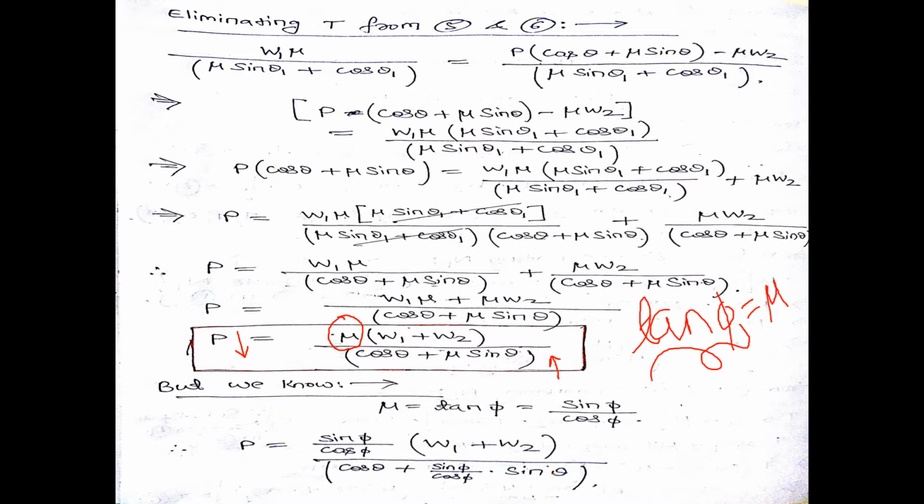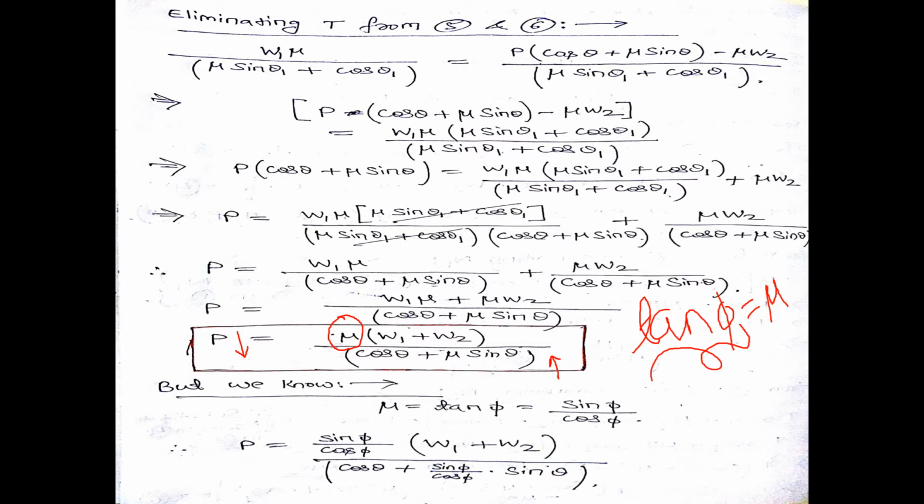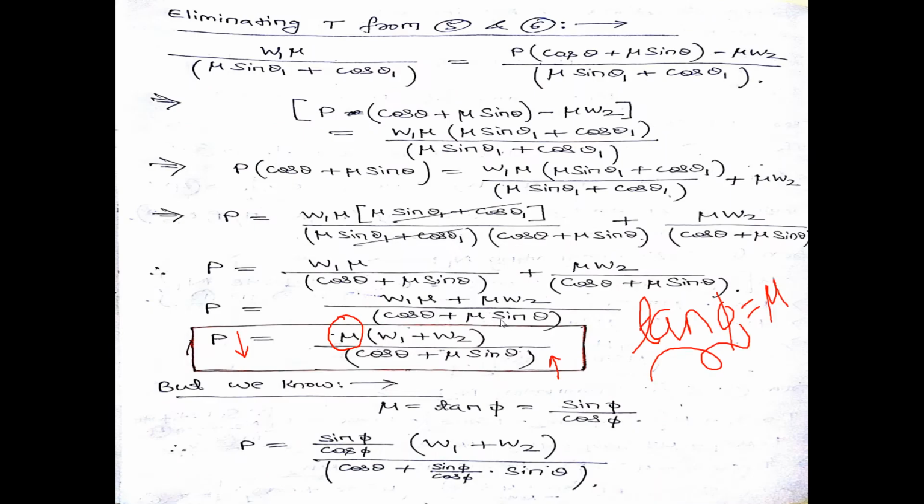Okay. Further, if you solve this expression of P, you will get sin phi times (W1 plus W2) divided by cos phi, that is this term, divided by this particular term.